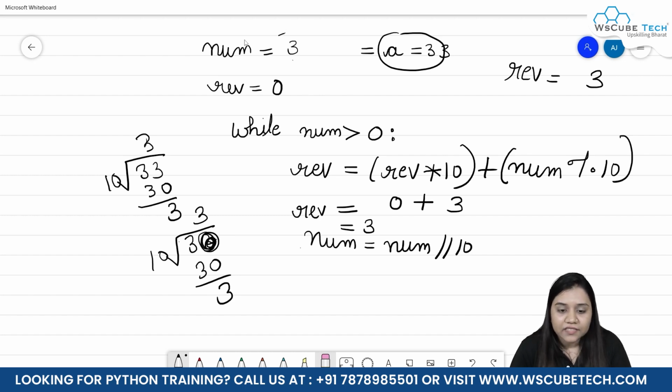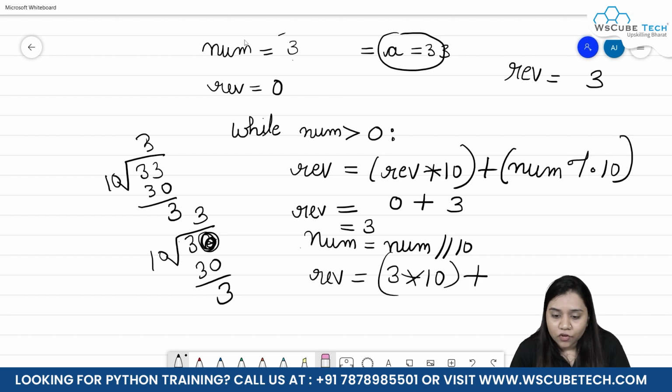Okay. Next thing, now still our number is 3 which is greater than 0. So what we need to do, we need to again repeat the same method, that reverse is equals to, right now our reverse is 3, 3 multiply by 10 plus right now our number is 3. On the top we have 3 because one 3 has been eliminated. 3 when divided by 10, what remainder does it give?